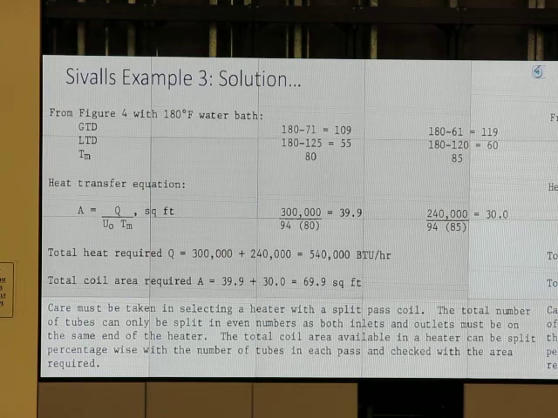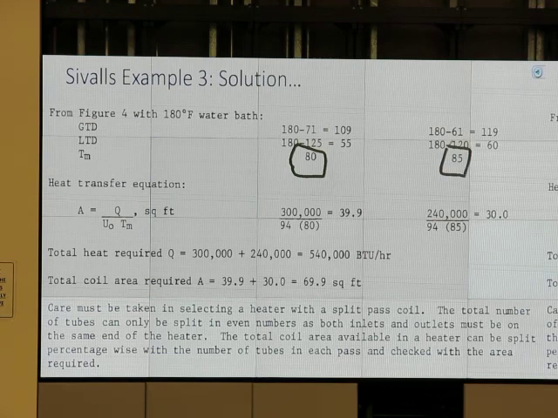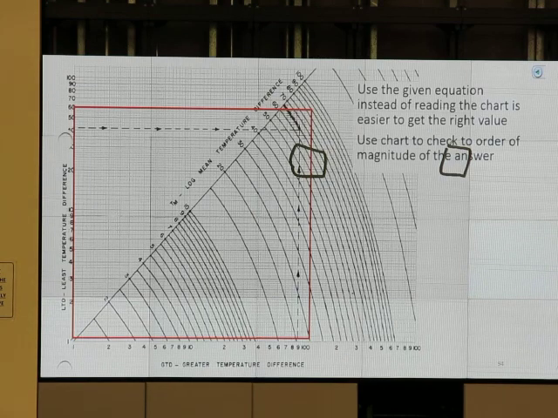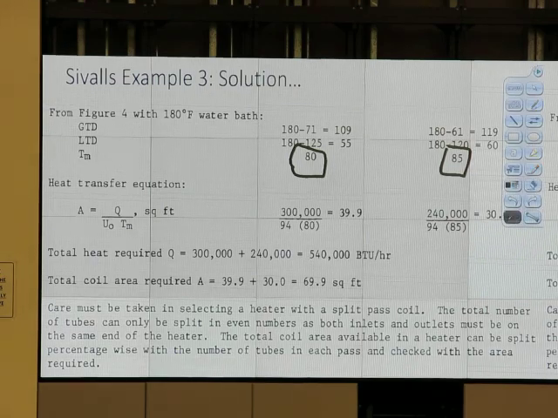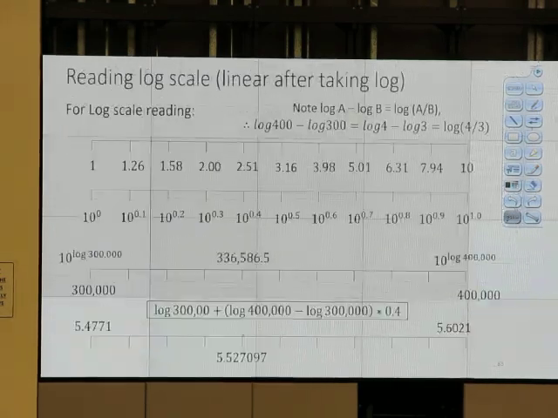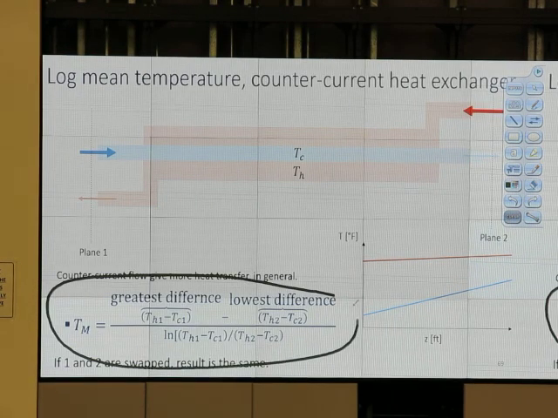T sub M. 80 and 85. Option 2, use the chart. I don't like it. Option 1. Use this. Good. So we need to know what is the greatest difference, lowest difference.